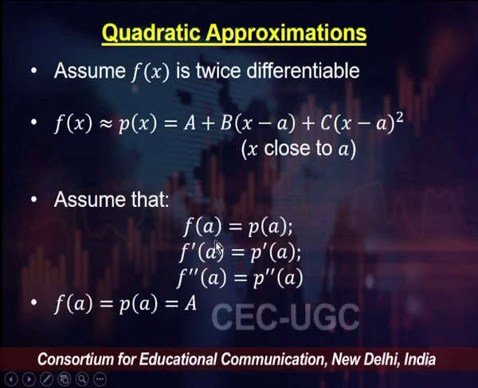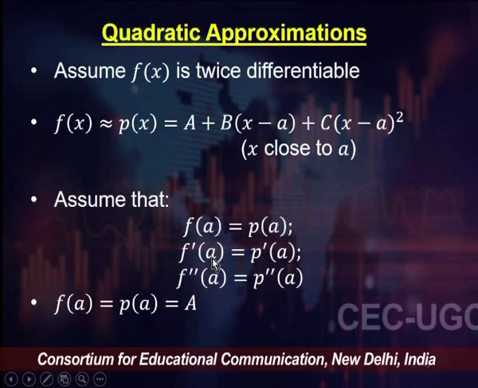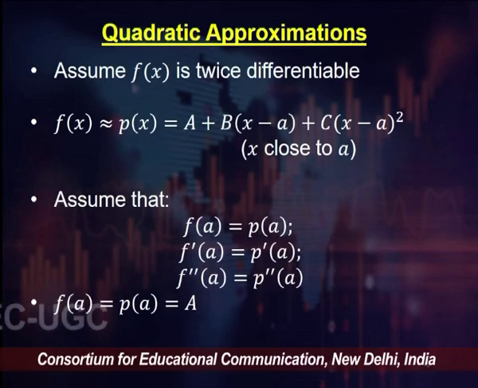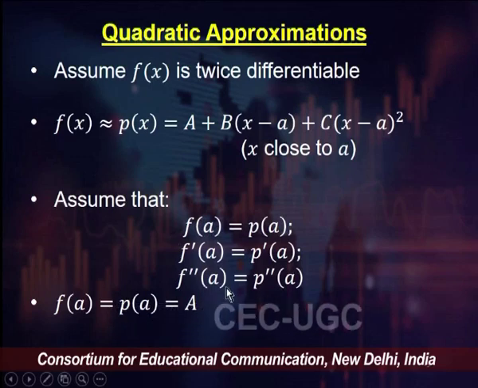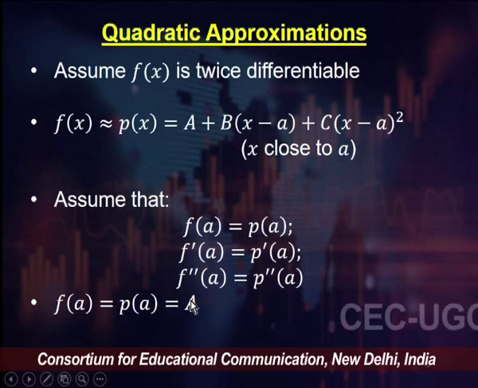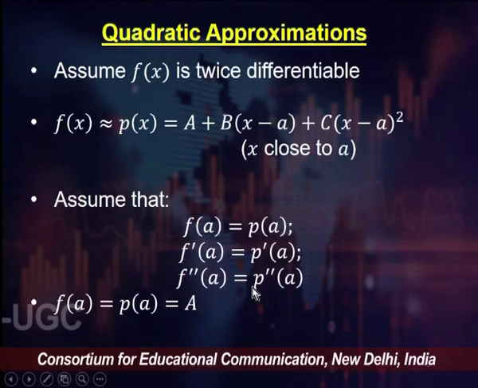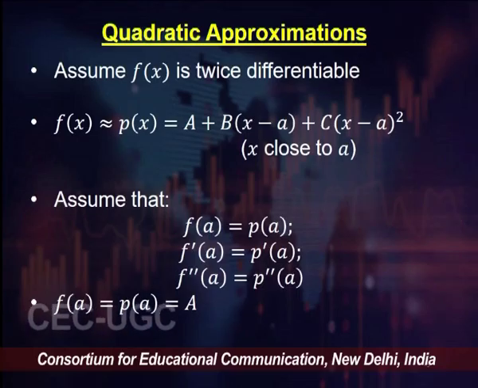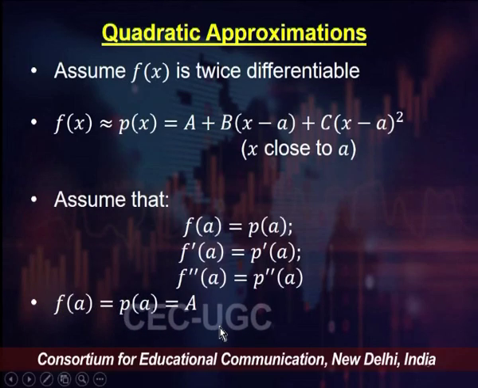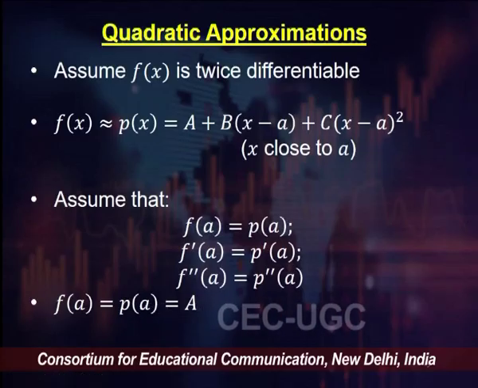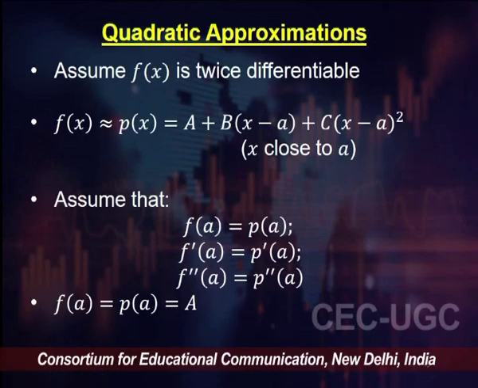So, f of a is equal to p of a, f prime at a is equal to p prime at a, and similarly the second order derivative of the function at a is equal to the second order derivative of p at a. So, with these three assumptions, we will go ahead to find the expressions for our coefficients A, B and C.